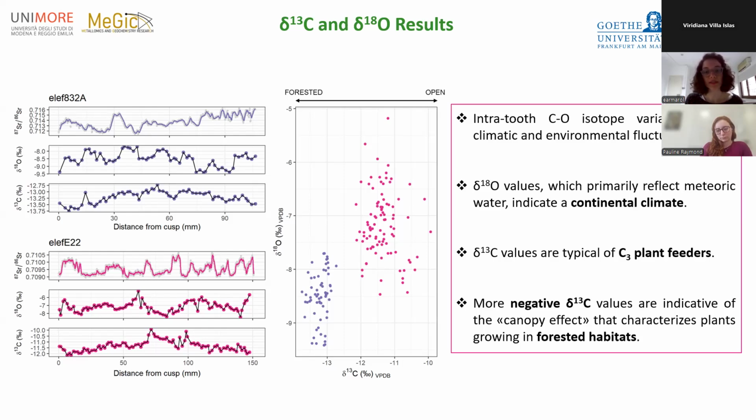The most interesting result was when comparing the carbon and oxygen isotopes alone, because as you can see from the box in the center, these individuals form completely different clusters. With the more endogenic individuals displaying more negative values, both in terms of oxygen and carbon isotopes, which means that this individual probably roamed in a more forested environment, because more negative values usually indicate forested environments.